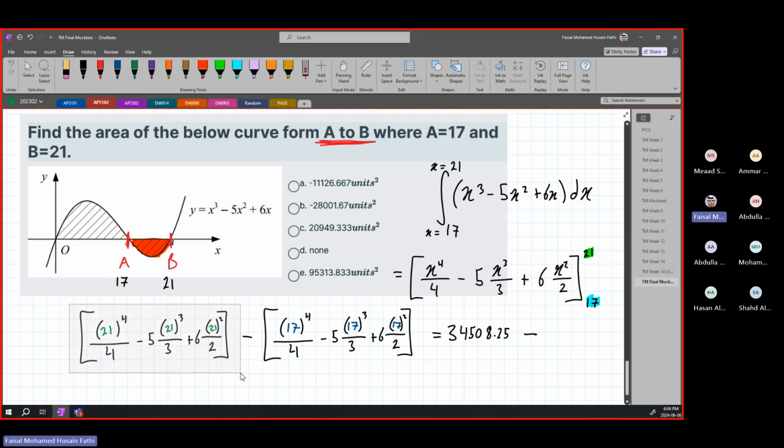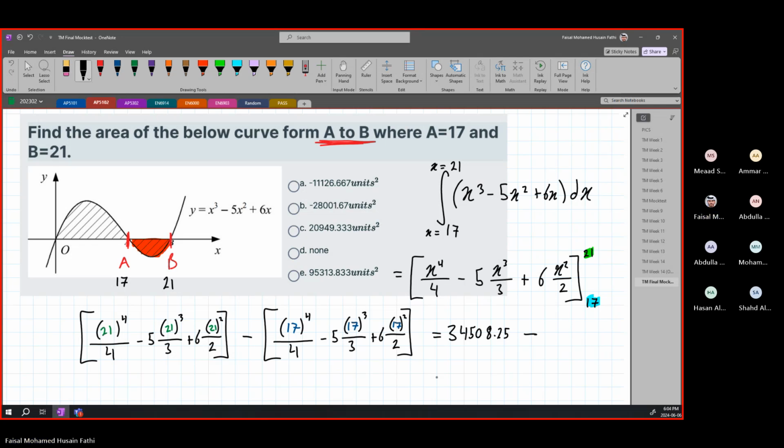So you would find the answer of the first one and then the other one, and then you're just going to subtract. So minus 17 to the power of 4 over 4 minus 5 times 17 to the power of 3 over 3 plus 6 times 17 to the power of 2 over 2, which will be 13558.92.